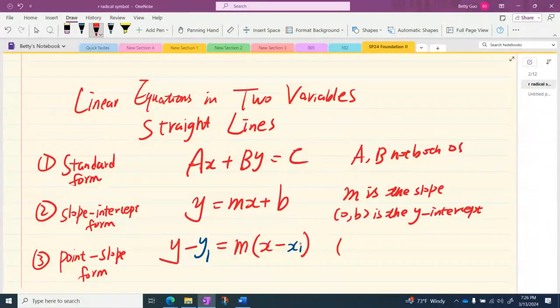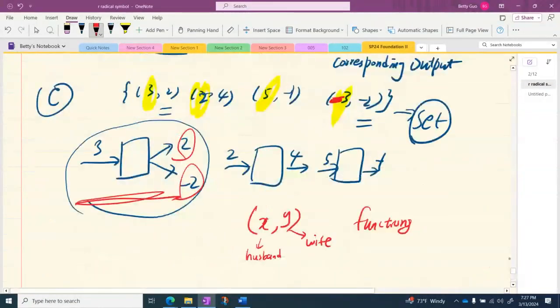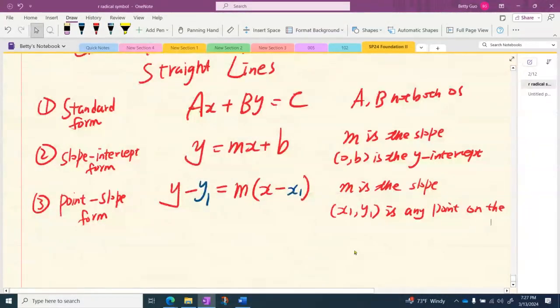And m is the slope. x1, y1 is any point on the line.